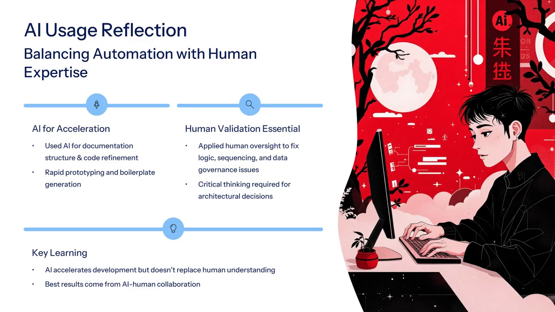I had to debug the entire code, work out where I was getting stuck, look at certain documentation, and refer to the project documents and ask it to reiterate whatever the requirements were. The key learning for this was AI accelerates the development but doesn't replace human understanding. The best results come from AI human collaboration.